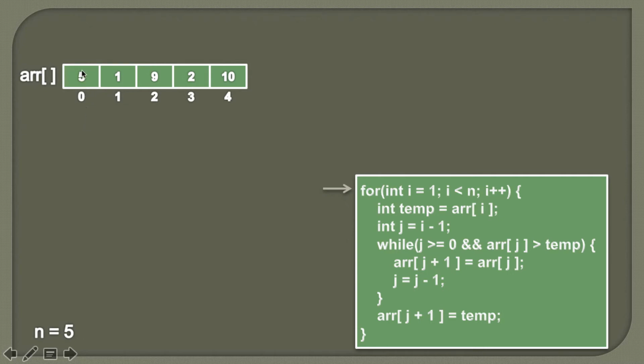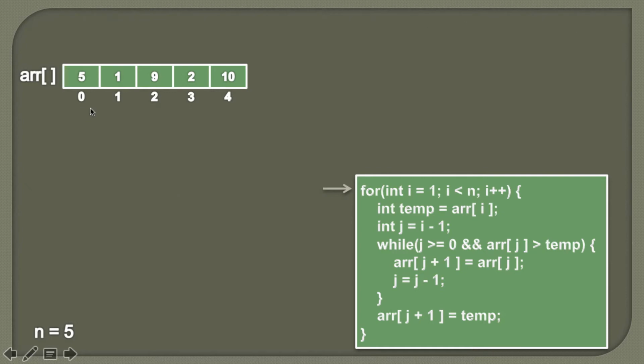So what we do is we simply pick one element, which is the first element of the unsorted part. Let's say we pick 5, and as 5 is the only element which we want to sort, we directly place 5 into the sorted part because we don't have to compare 5 with any element.